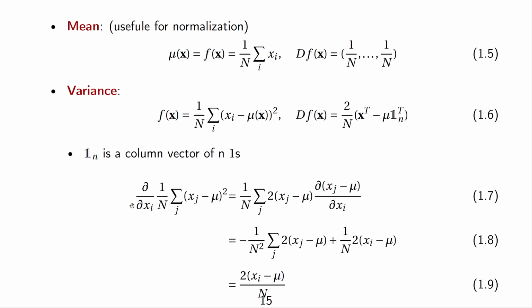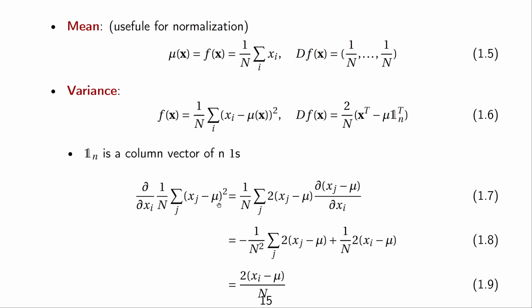And we want to compute the partial derivative d/dx_i. We'll write this for every x_i, and then knowing what it is for every x_i, we can write the complete equation for the complete vector. All right, so we'll just look at one component of the derivative here.